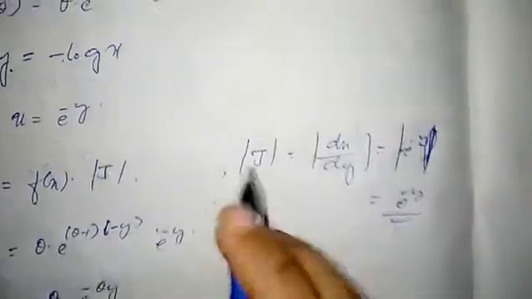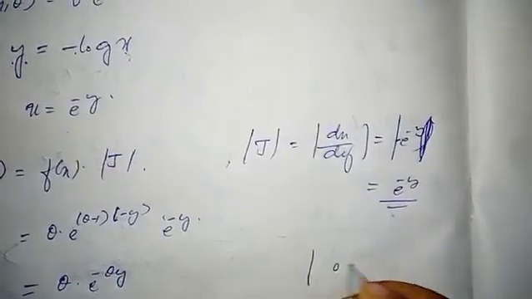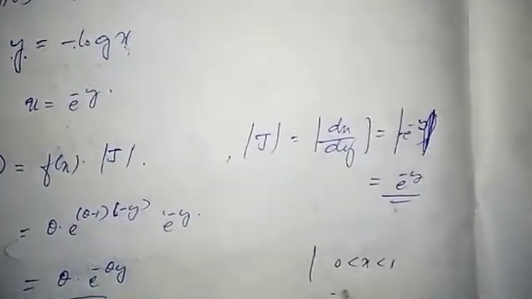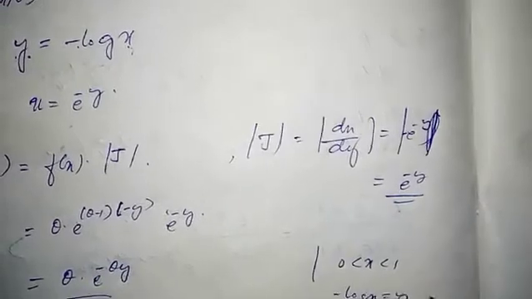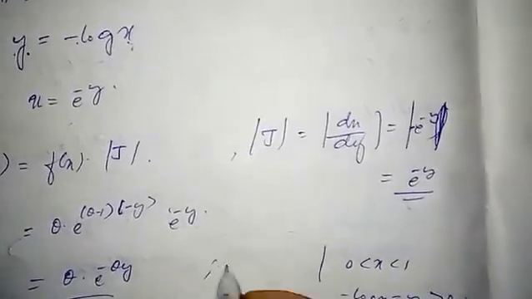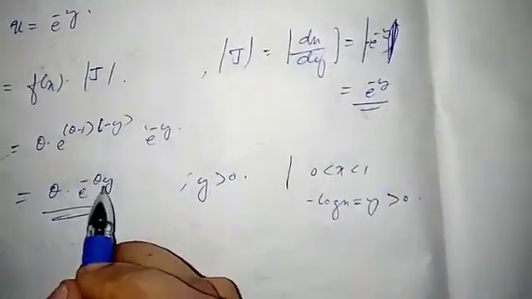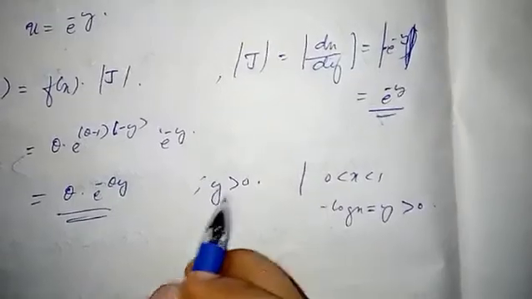Here x lies between 0 and 1, so minus log x, that is y, is greater than 0. Here the density is theta into e power minus theta y, where y is greater than 0.